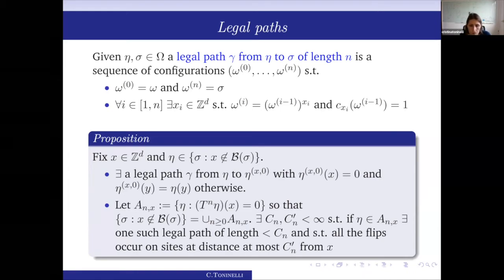Okay, so if now I take a configuration which belongs to the subset of configurations which are emptied after n steps of the Bootstrap map, this implies that from that configuration I can reach, via a path of moves which are allowed by the constraints and which has a length upper bounded by a constant which depends on n, and will involve only sites which are in a certain boundary of the initial site, a configuration able to empty my site x.